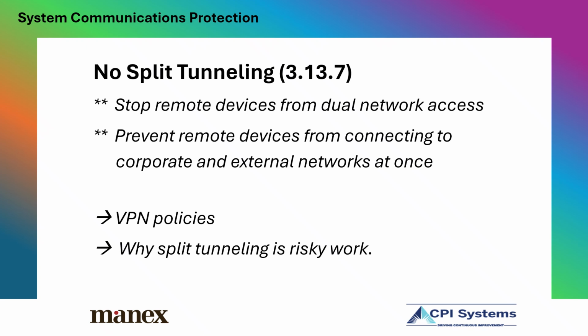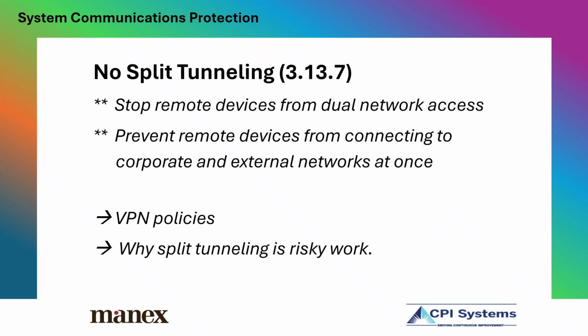We do this through VPN or SC protection policies. And we need to understand why split tunneling is risky. This introduces big risk for malware. Let's look at Sam's example. She works from home by VPN.